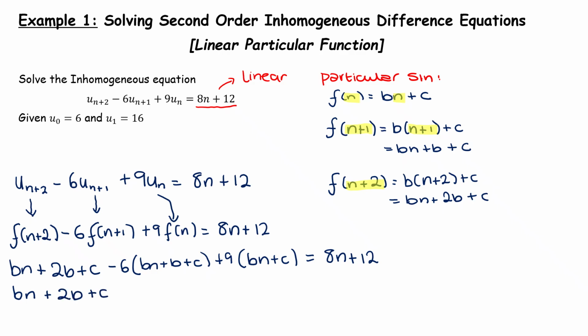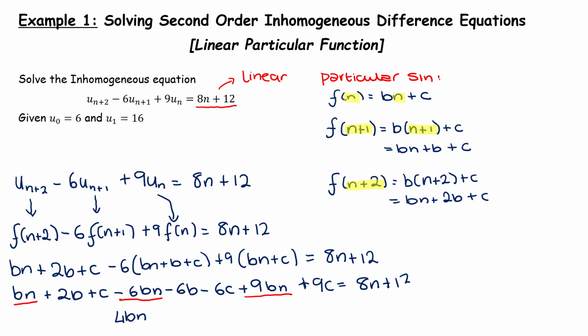So we have 2b + c - 6bn - 6b - 6c + 9bn + 9c, and that equals 8n + 12. So we can do a little bit of cleanup. I have a bn, a minus 6bn, and a 9bn. That's going to give me 4bn.